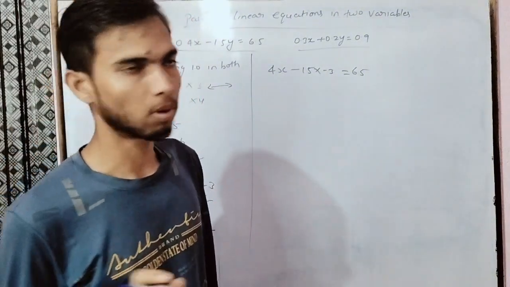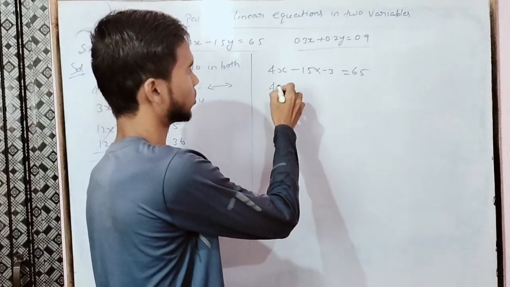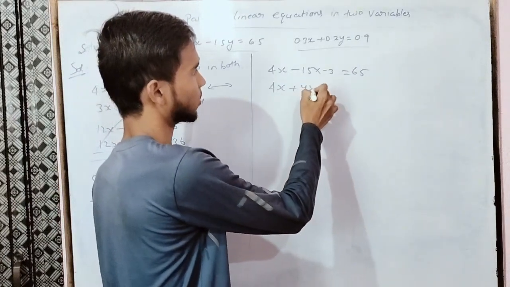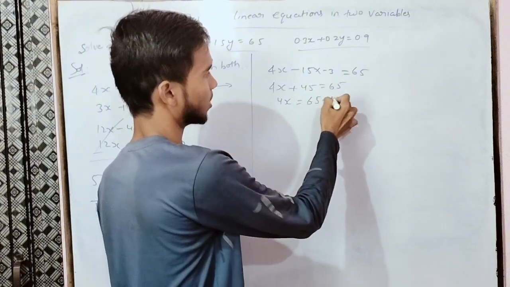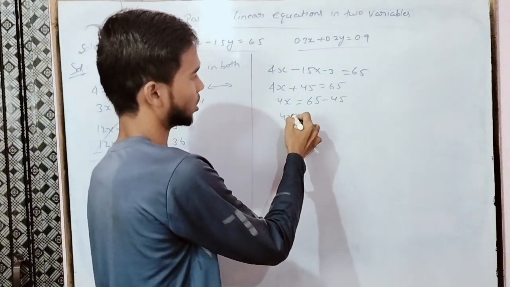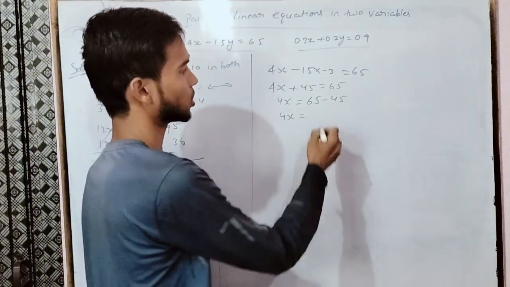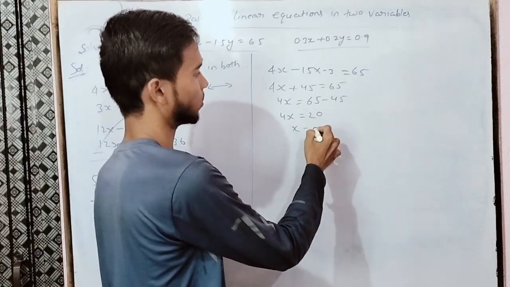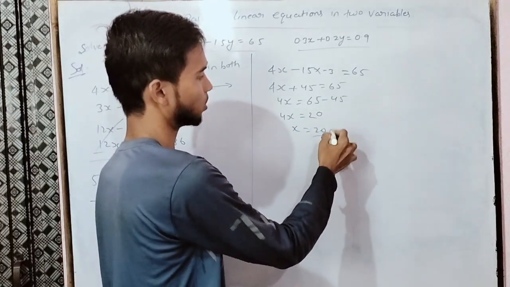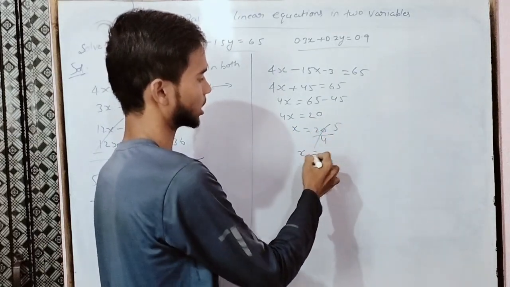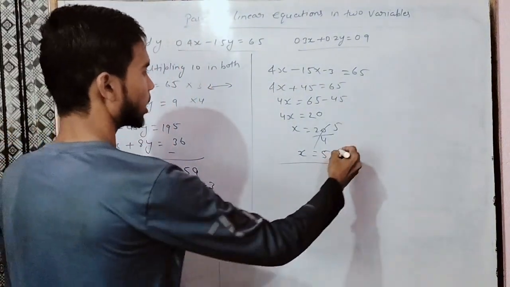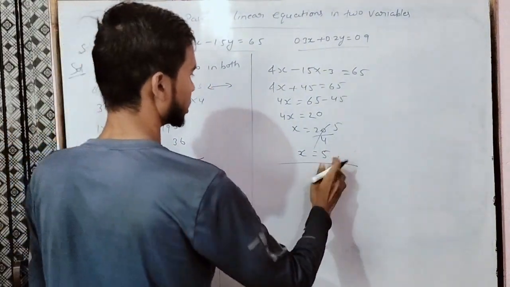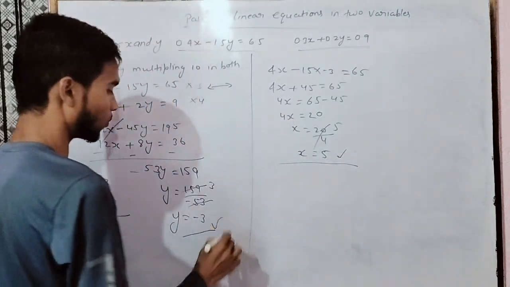Now simplify this further. 4x plus 45 is equal to 65. 4x is 65 minus 45, so 4x is 20. So we have 20 upon 4, so x came as 5. Finally we can say the value of x is 5 and the value of y is minus 3.